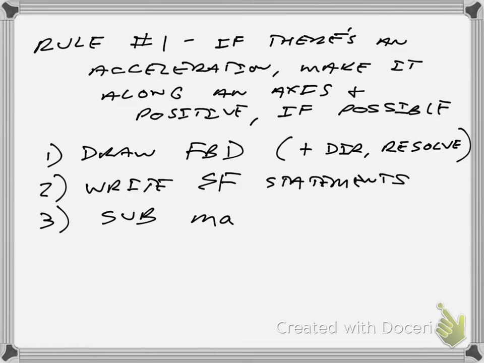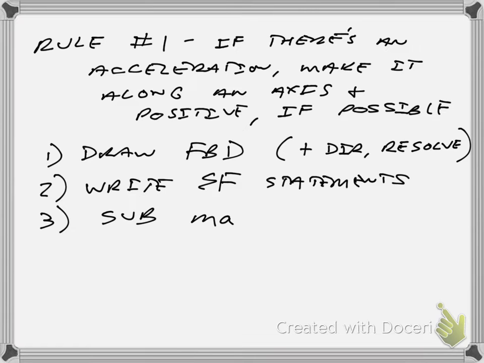What if you don't know? It says if possible because sometimes you don't know the direction of the acceleration, and so you guess. And if you end up with a positive answer, you guessed right. If you end up with a negative answer, don't worry. You don't have to redo anything. You just guessed wrong, and so you just flip it, and it's going in the other direction from which you guessed it would be. So make it positive if possible, but sometimes you don't know.